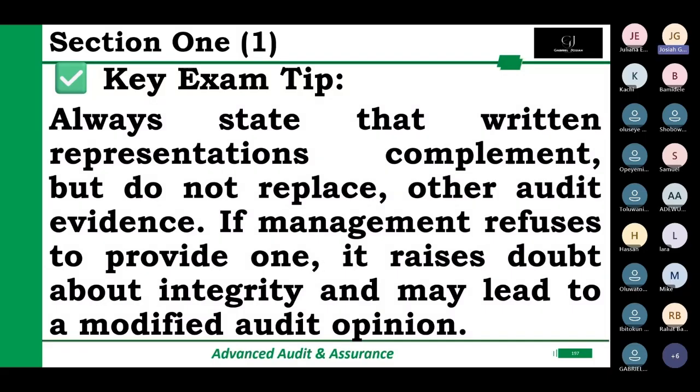So he should modify the audit opinion or provide a disclaimer of opinion at best, because written representation should go hand in hand with his audit evidence. Where management refuses to provide it, he should document that. Then his report or his opinion should state categorically why this is done. So that's the exam tip, and questions could come around this area. This should be your response to that.